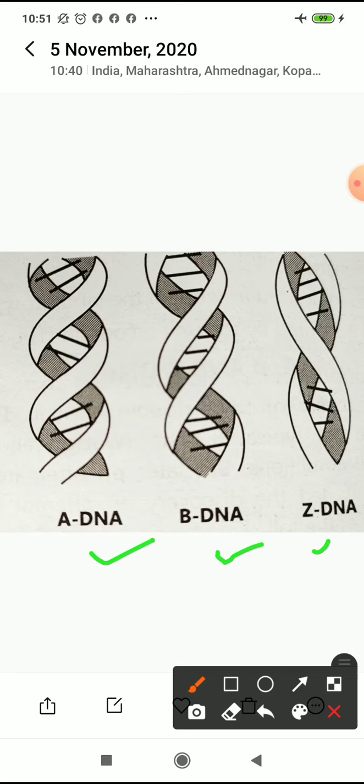So, B form of DNA is a biologically important form which is naturally found in most living organisms. This form of DNA can be found in other different forms like A form and Z form in conditions like relative humidity, ionic strength, salt concentration, and sequence of nucleotides.